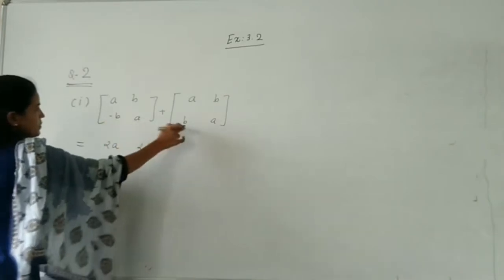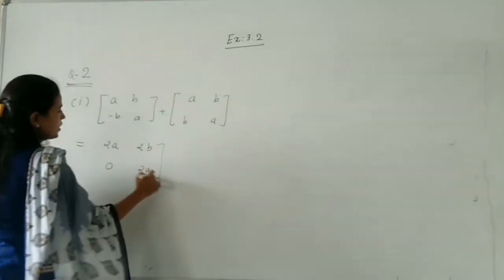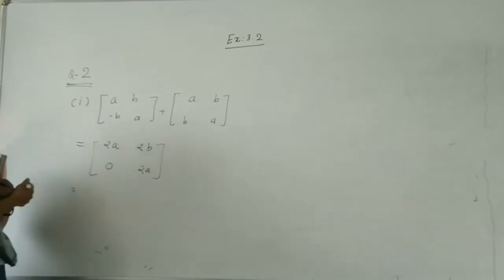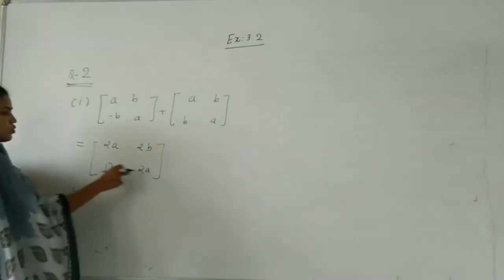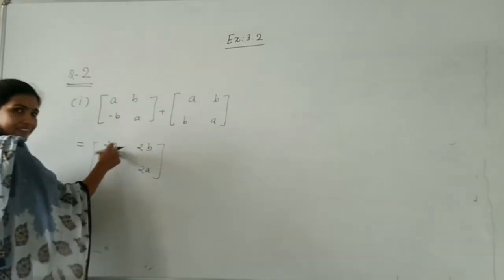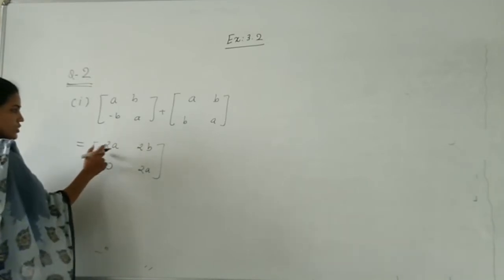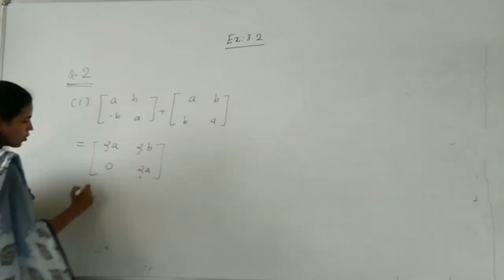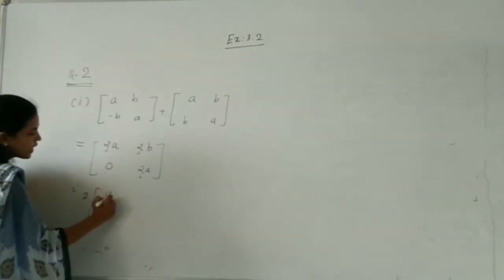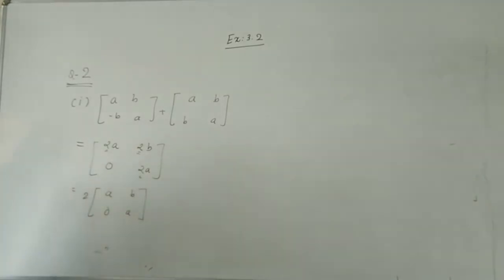B minus B and plus B, 0. A plus A, 2A. So this is 2A, 2B, 0 and 2A. Now you know that 2 is multiplied inside with each element and 0, so we can take that 2 common. So 2 into A, 0, B, A. So this is your answer.